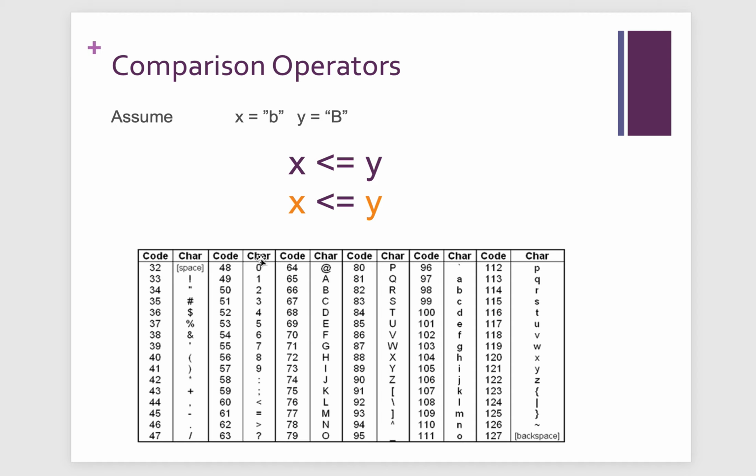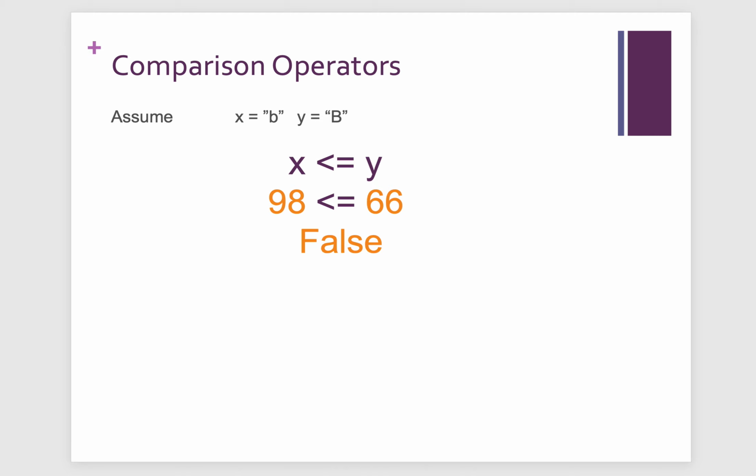Okay, so now we just need to find the lowercase b and the capital B, and I happen to know that they're right here. And if we take those values and plug those in for X and Y, the capital B is 66 and the lowercase b is 98. So now if I use those values to compare 98 less than or equal to 66, well, that's false. That is false.